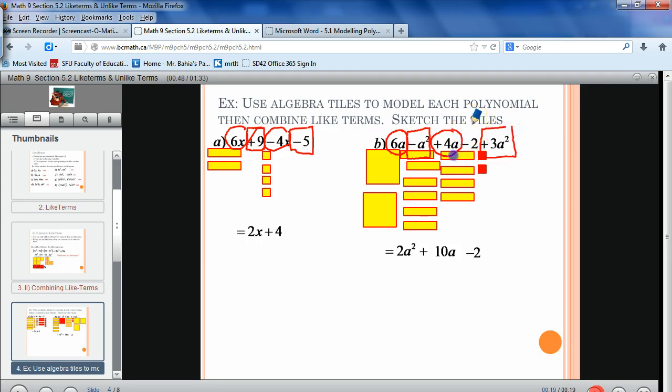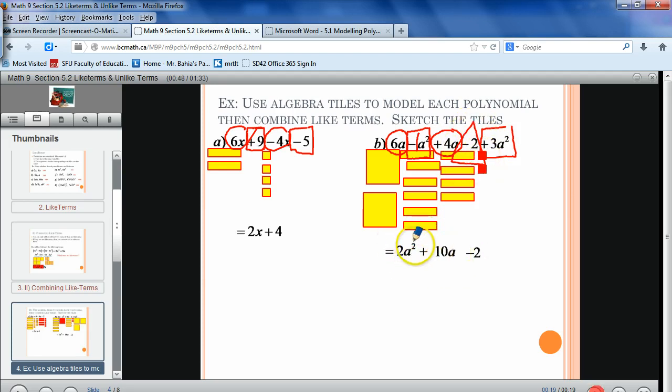And let's put a triangle around that. So the circles, 6a plus 4a, 10a. The a squareds, negative 1a squared plus 3, you're down 1, you're up 3, positive 2a squared, and you're just left with a constant negative 2 left behind.